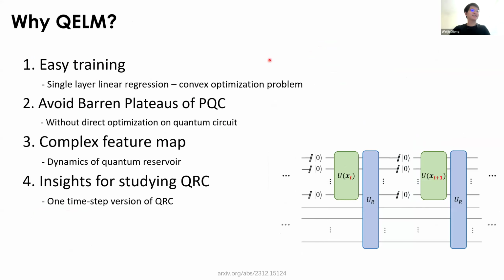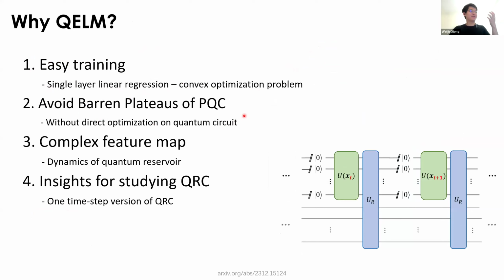So in summary, we have four motivations to study QELM. First, it's a machine learning model that can provide easy trainability. Second, compared with parameterized quantum circuits, the QELM is not parameterized.